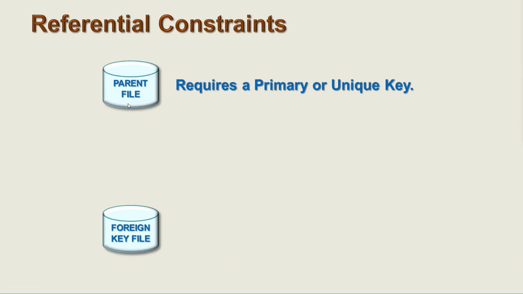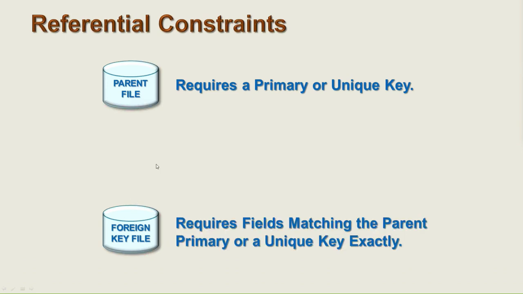The parent file, because of that, requires either a primary or a unique key in order to define that relationship. The foreign key file requires fields matching the parent primary or unique key exactly.